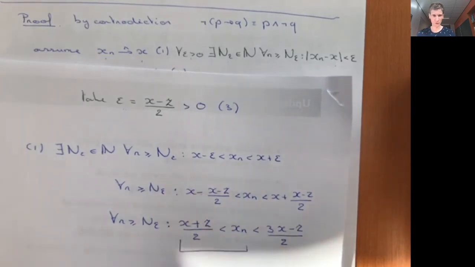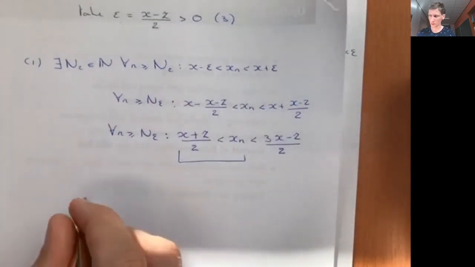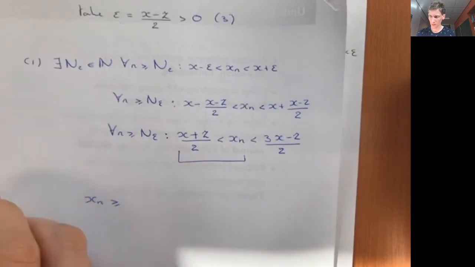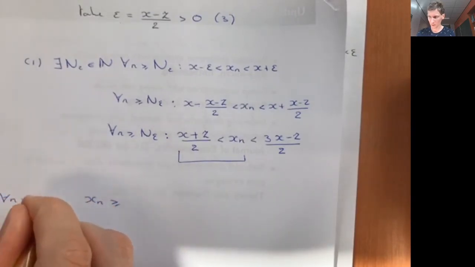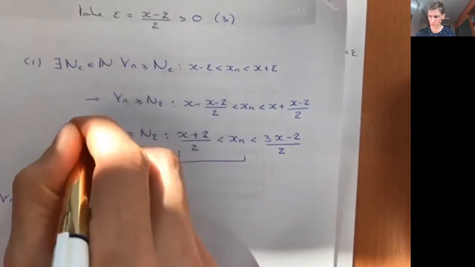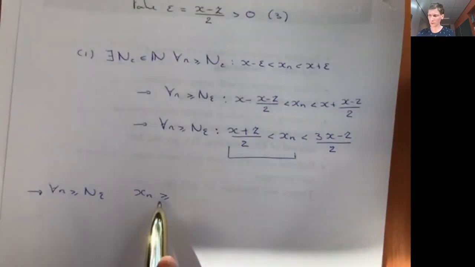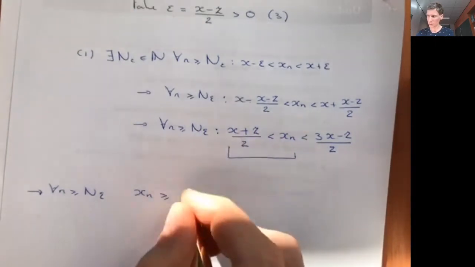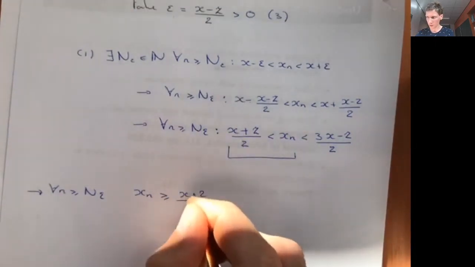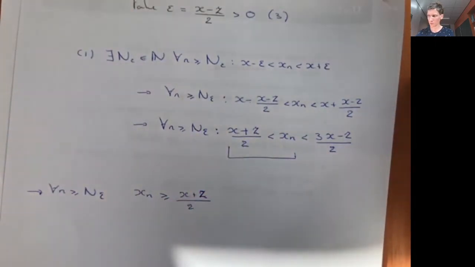Okay, so let's take this first part here. So we have that x_n, so for all n greater than N_epsilon, right? So these are all implications, of course. So for all n greater than N_epsilon, this is bigger than (x plus z) over 2.